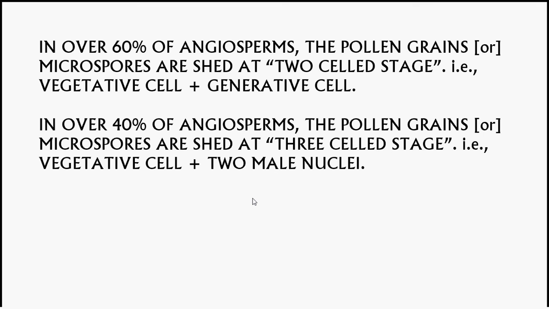So in these 40% of flowering plants, the generative cell divides before liberation from the anther itself, whereas in 60% of angiosperms, the generative cell divides after liberation, after shedding on the stigma.